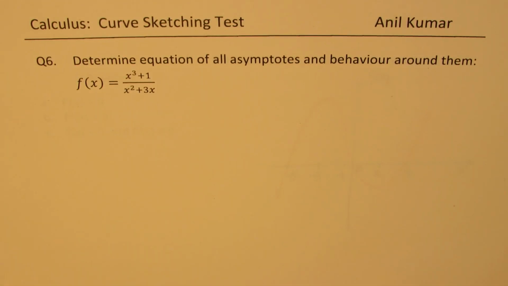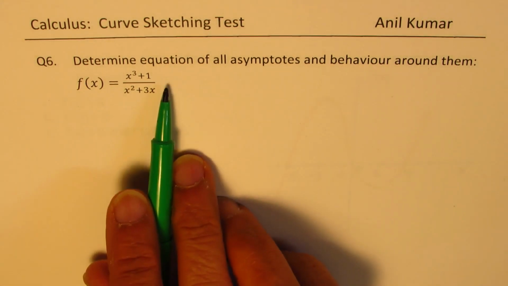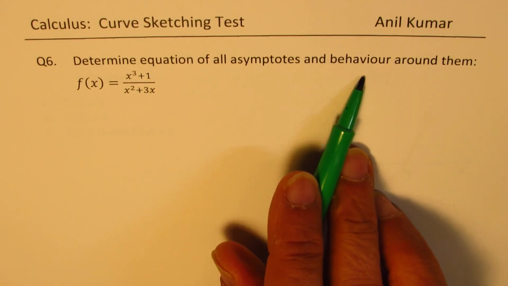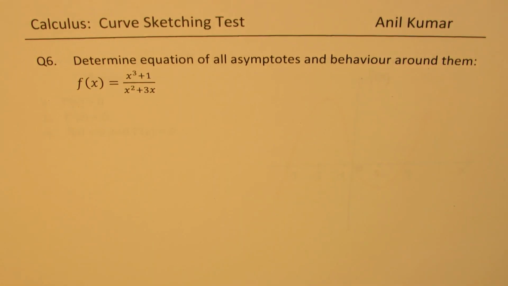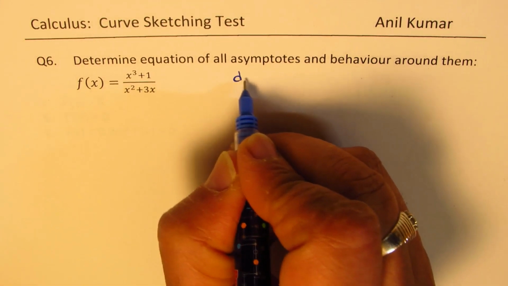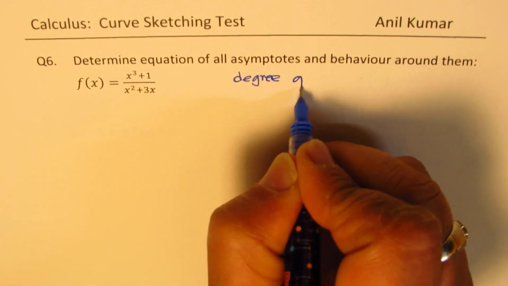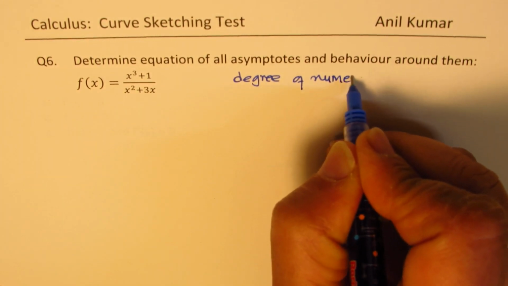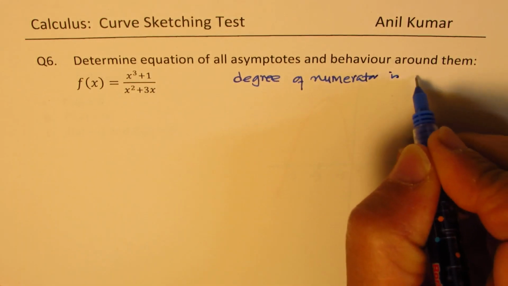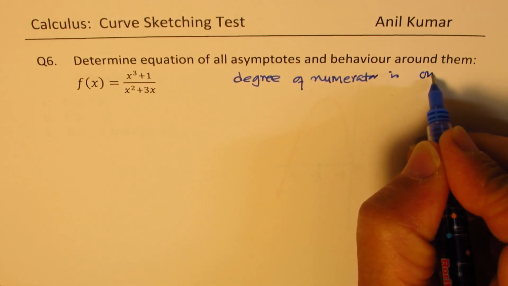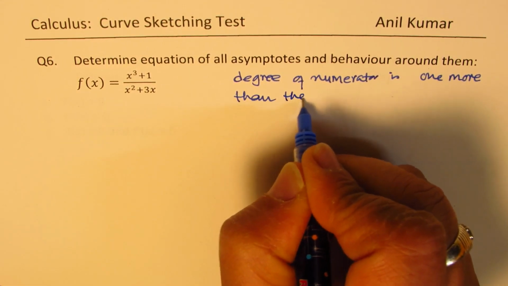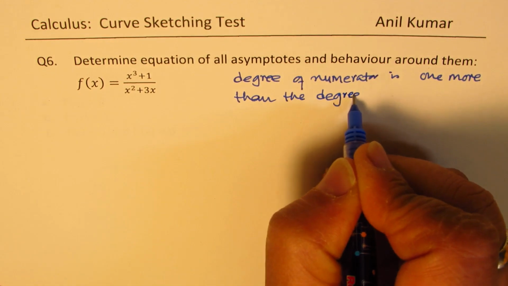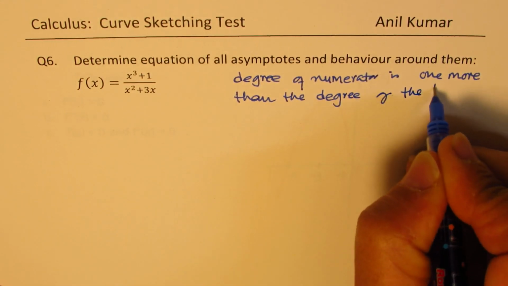Now here is question number 6, which is to determine the equation of all asymptotes and behavior around them. So we have a rational function here. Now in this rational function, what do you notice? One thing is that the degree of the numerator is 1 higher, is 1 more than the degree of the denominator.